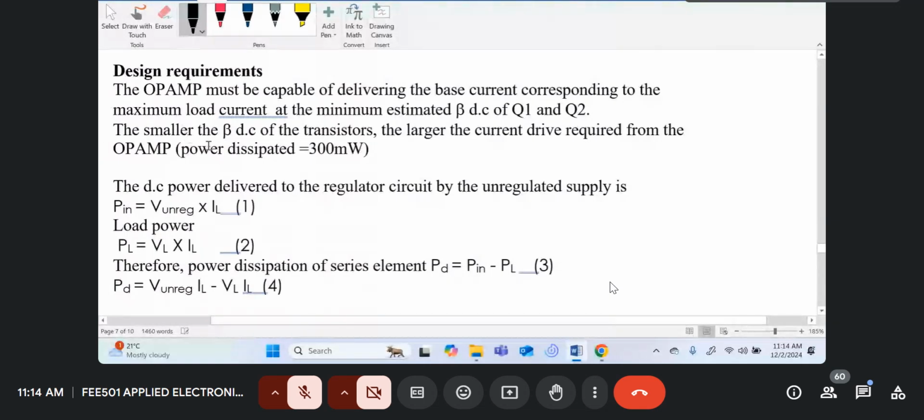The smaller the beta DC, the larger the current drive required from the op-amp. Now, typical dissipations of op-amps are approximately 300 milliwatts. Let's go and check the data of this op-amp from Texas Instruments, just to shed some light on what I'm talking about here.